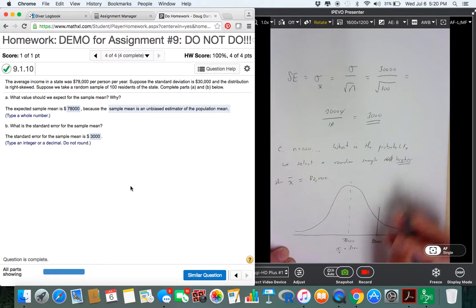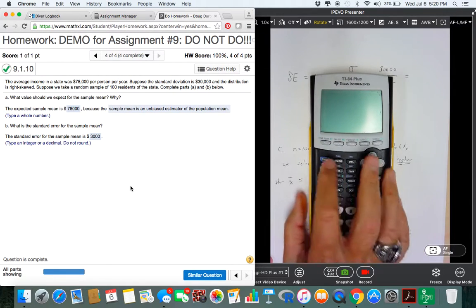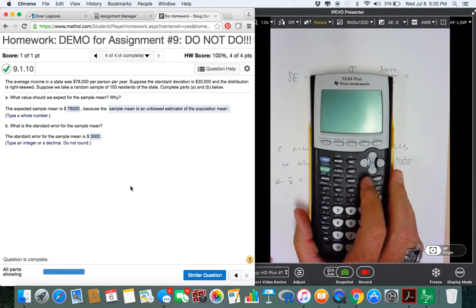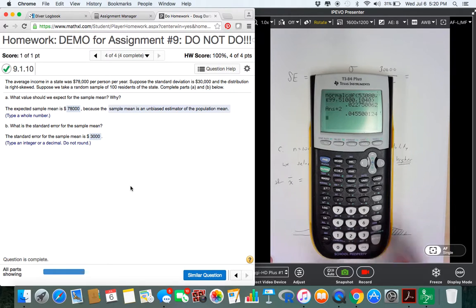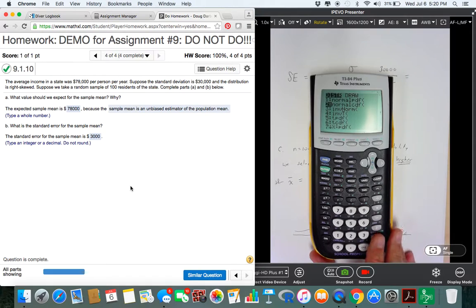Since I want higher than, it's going to be this area. And I need technology. Use normal CDF as I've tried to teach you. If you're watching the videos like you need to, you've seen this before. If not, then you need to go watch them.